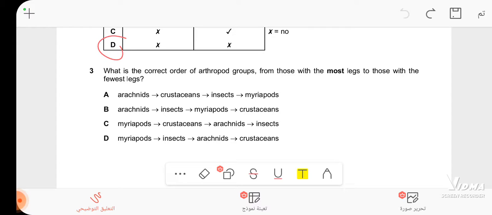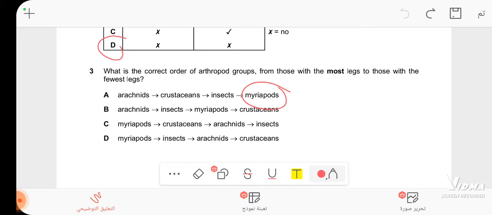As we know, arthropods are invertebrates, and they are classified into arachnids, crustaceans, which are found in the sea or are aquatic organisms, insects, and myriapods, which have a large number of legs.